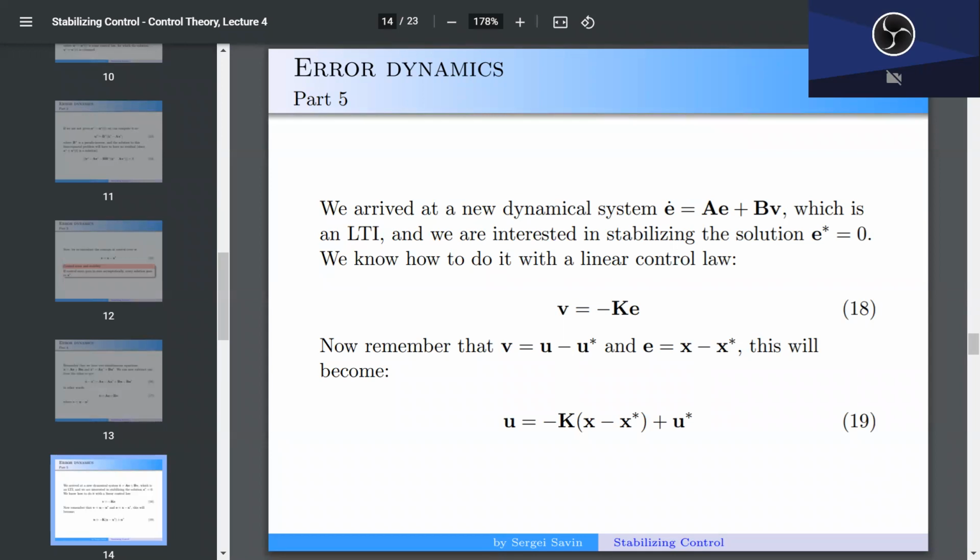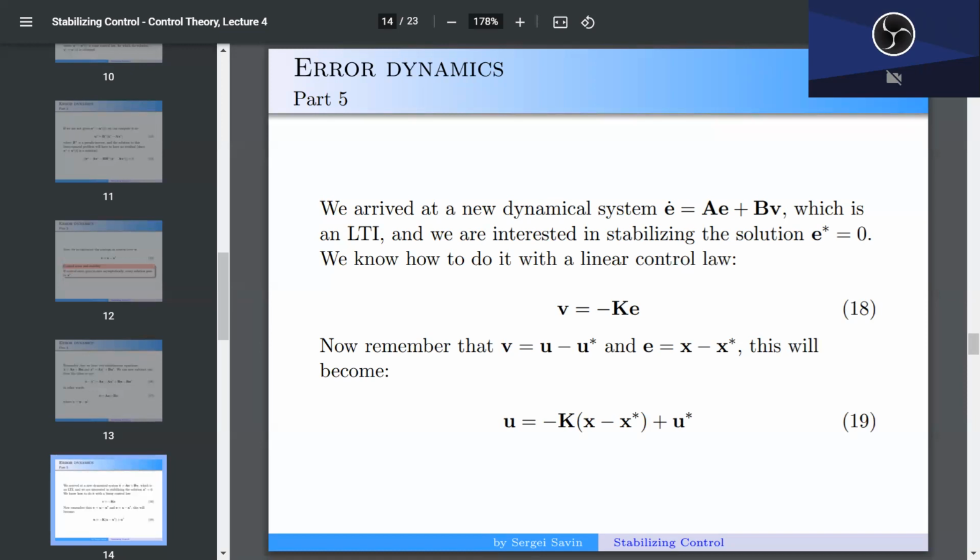So if our initial conditions were exactly the same as the initial conditions for x star, then u star would be the control input that we would need to put into our control system, into this equation. This would drive it along this trajectory.